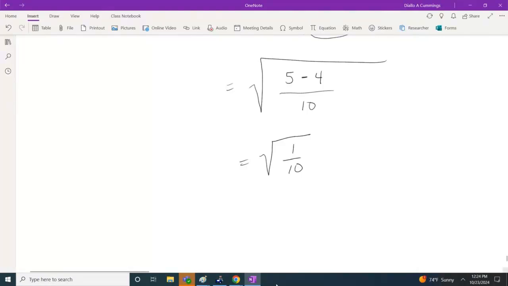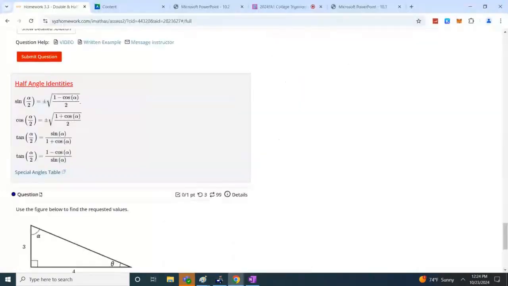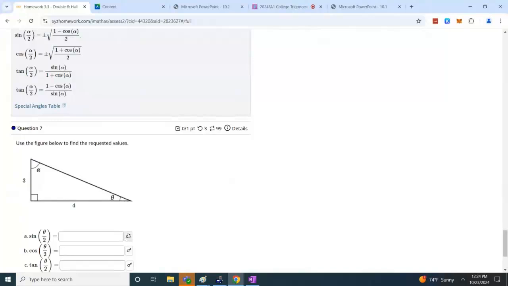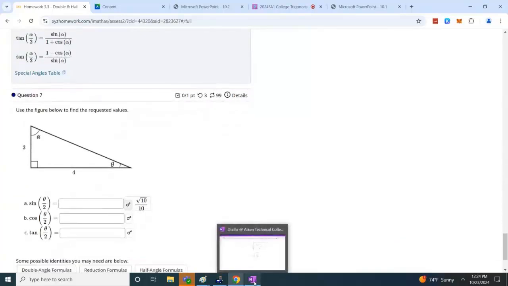Let me see, will it take this? Because in the example, I think it's going to get something different. See, it has square root of 10 over 10. I'm going to show you where that comes from.